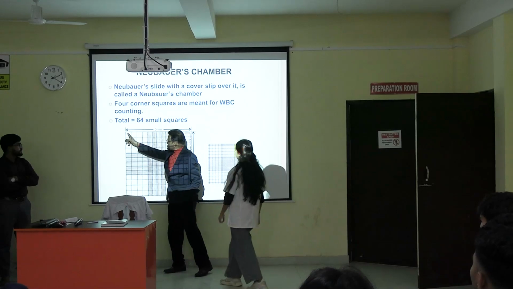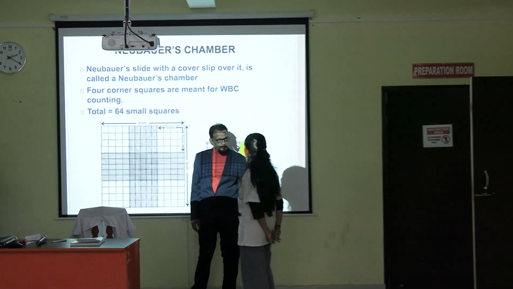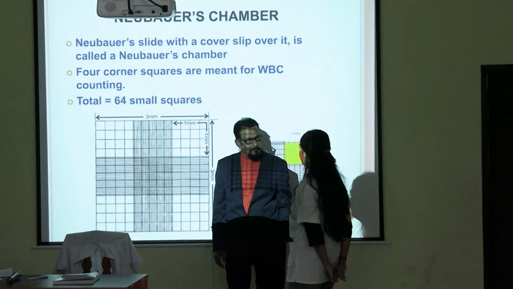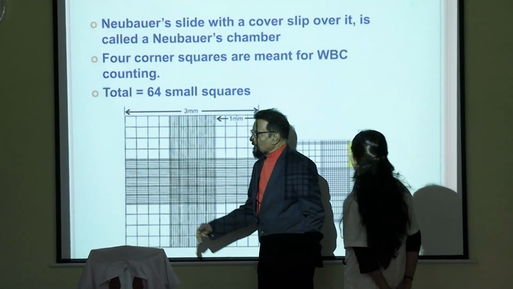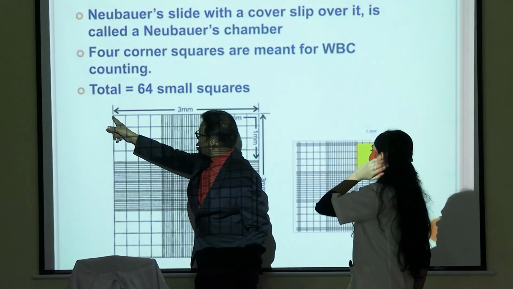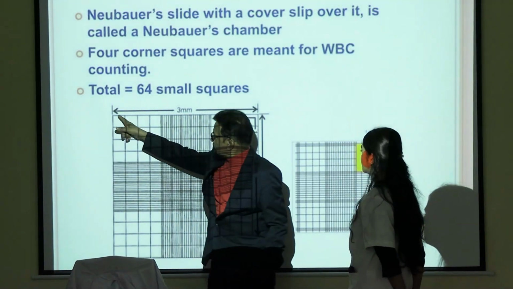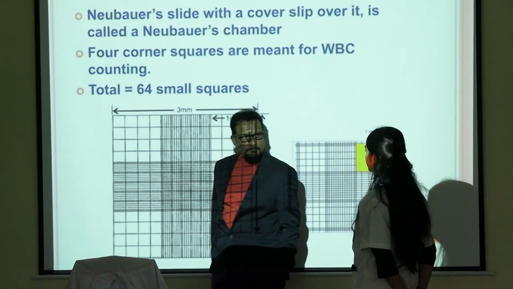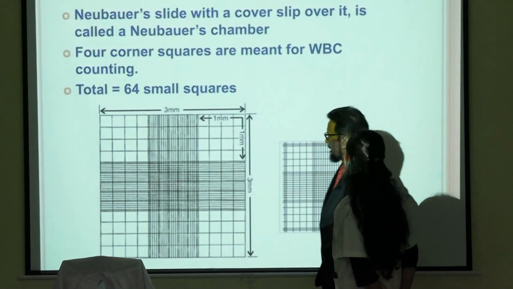What is the length from here to here? 3 mm. Sure? Okay, it is written. Good. Then what is the length from here to here? Means it is square. Okay.